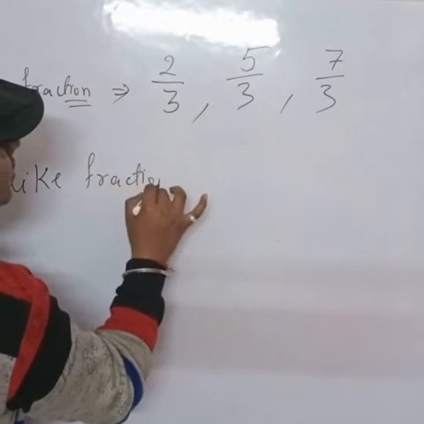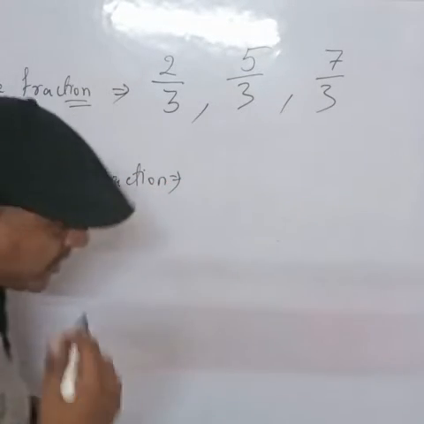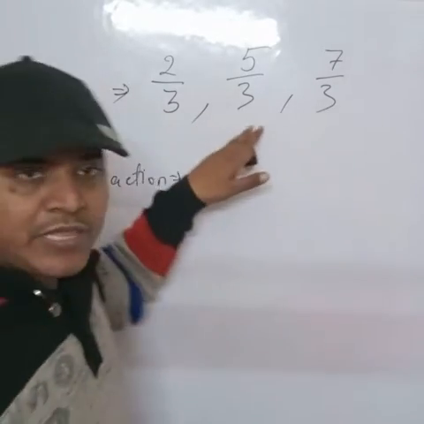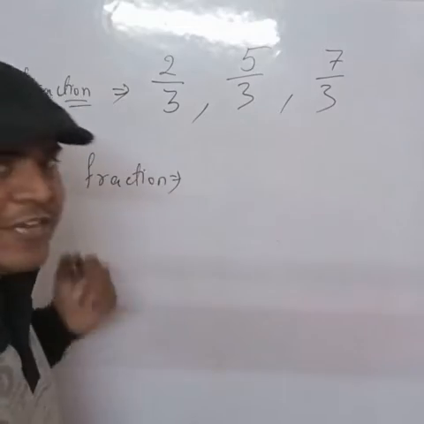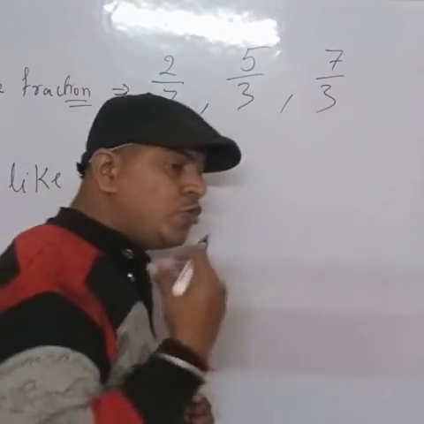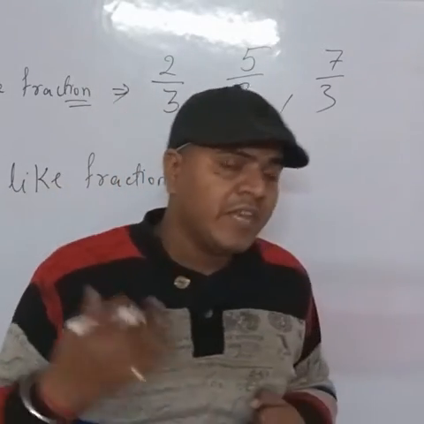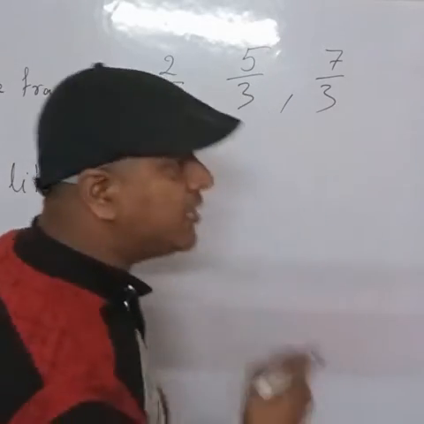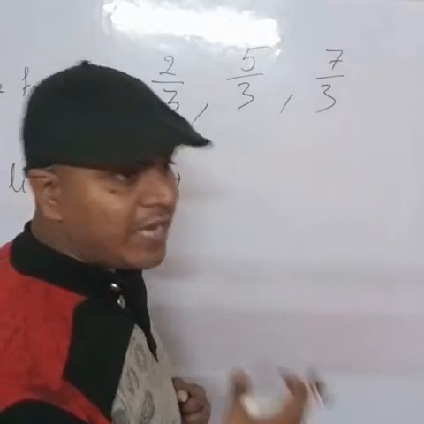Now, the next fraction is unlike fraction. We have seen that in like fraction, the denominator is same. So in unlike fraction, we can say that two or more fractions in which the denominator is different, then that fraction is called unlike fraction.